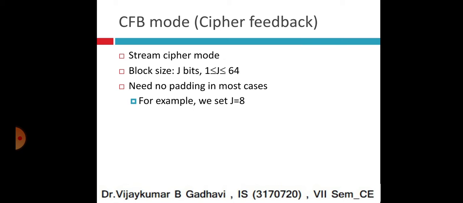It needs no padding in most cases. For example, we say J is equal to 1. This is simply how you identify the cipher feedback in CFB mode.